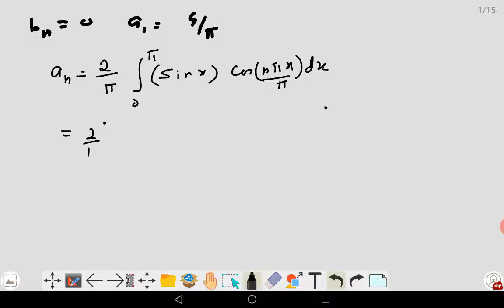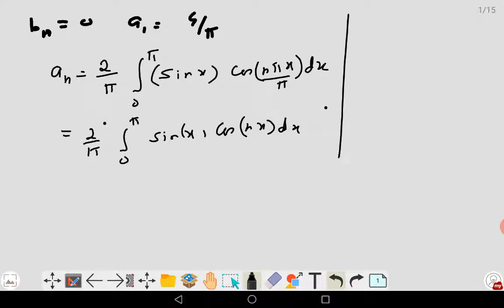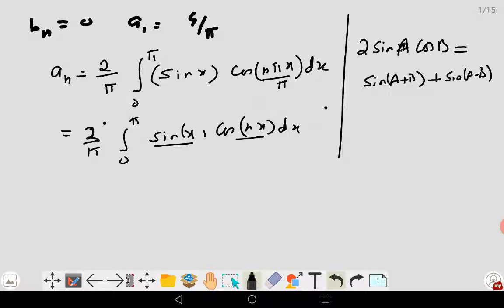So you will get 2 over pi outside, integral 0 to pi sine x cosine nx dx, and we have a formula for 2 times sine a cosine b is sine a plus b plus sine a minus b. You remember this formula? Use here, 2 is outside, so 2 times sine a cosine b, 1 over pi.